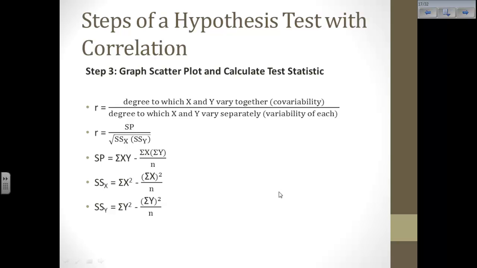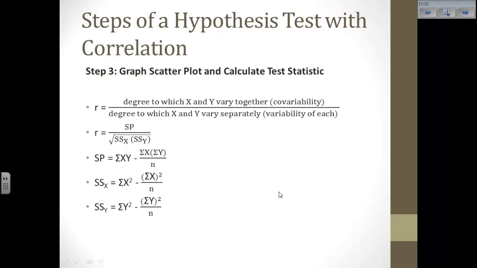So you might remember when we did ANOVA something similar. When we did ANOVA, the numerator was the differences between the groups, and then the denominator was the changes within the groups.